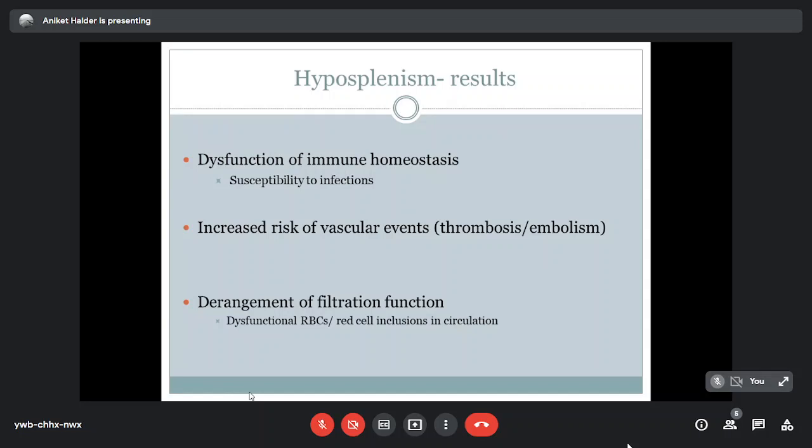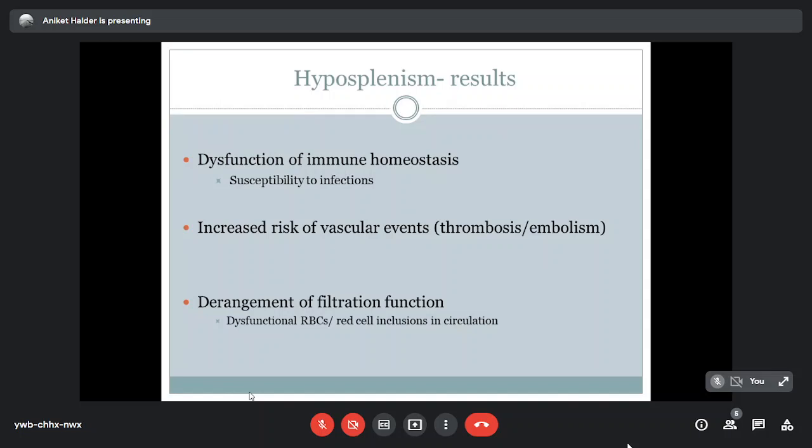Also, if there is underlying hemolytic disease and splenectomy has been done, the damaged red cells will go into the circulation and ultimately cause blockade in the microvasculature, causing activation of the platelets and ultimately causing thrombosis.